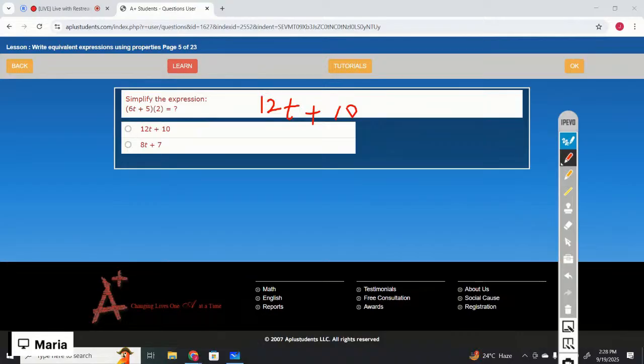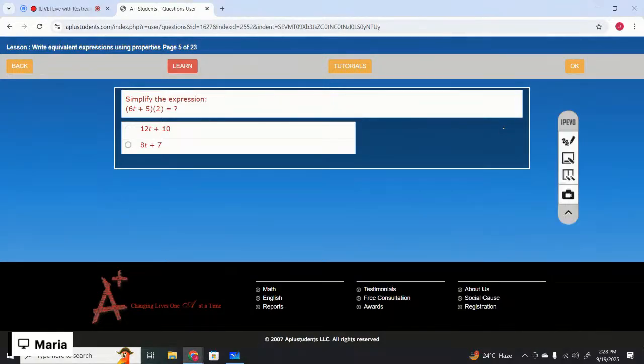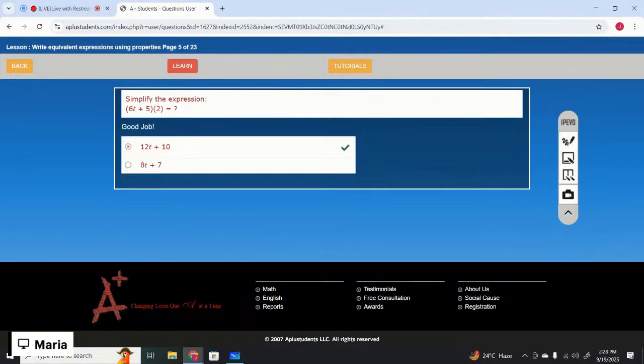That is 12t plus 10. Option number 1 is the correct option. That is 12t plus 10. Option 1 is the correct option.